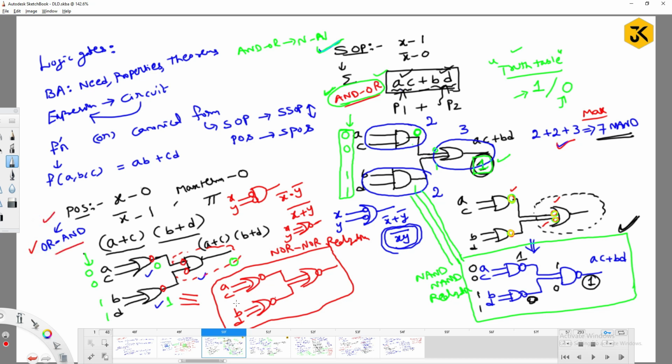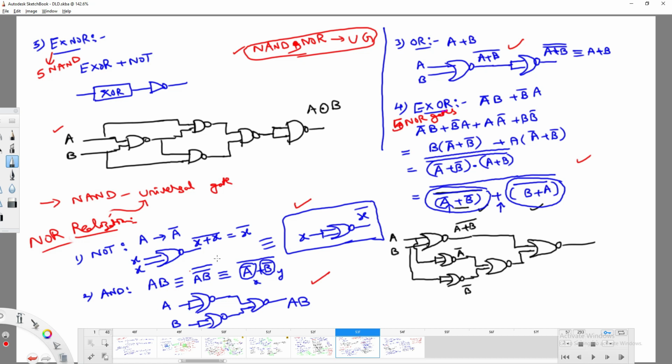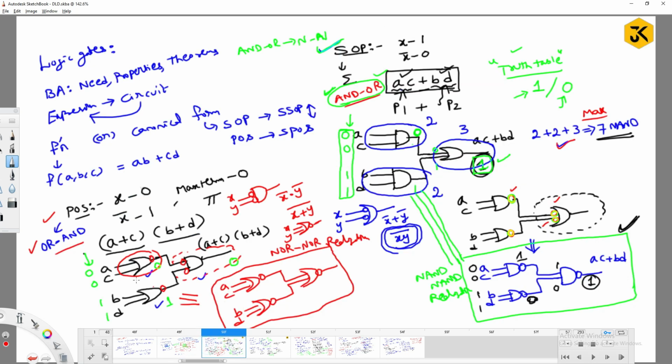Product of sums, right? Basically, guys, here also, in order to represent one OR gate in NOR representation, you require 3 NOR gates. Am I right? I think you require only 2.